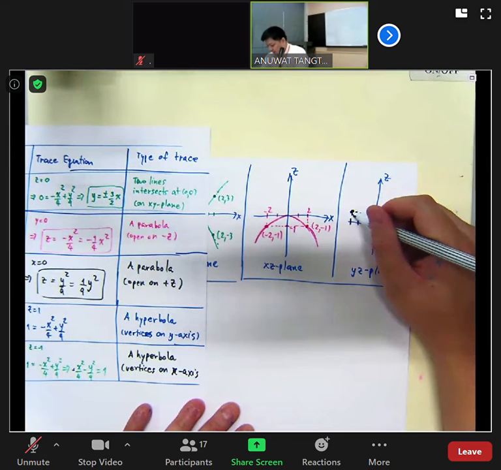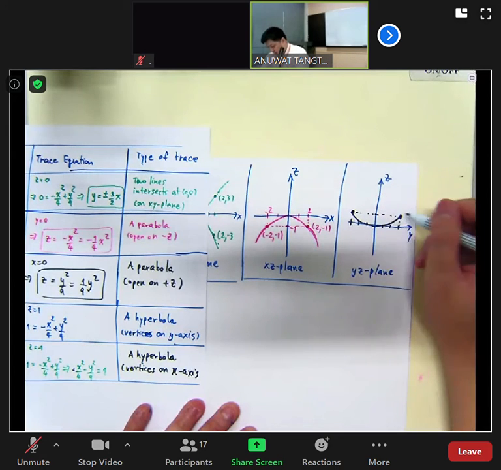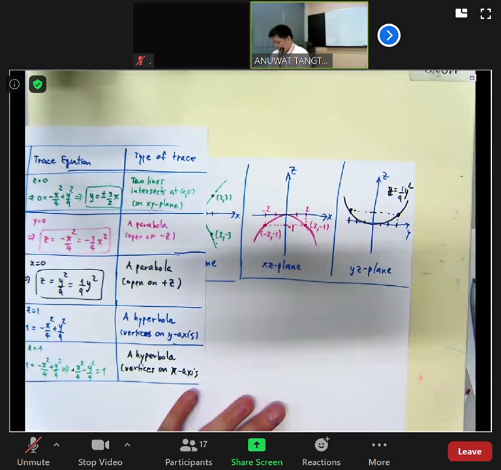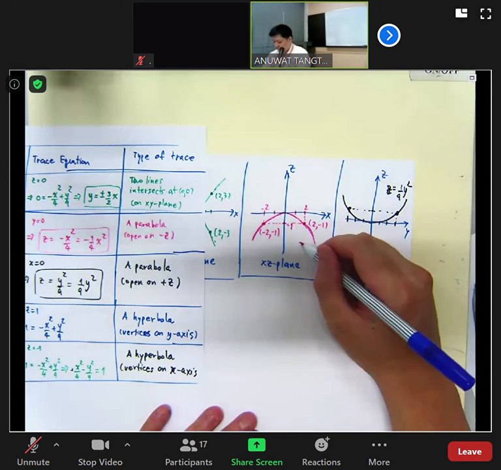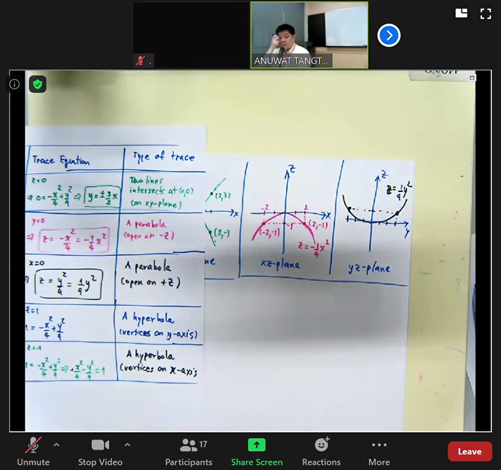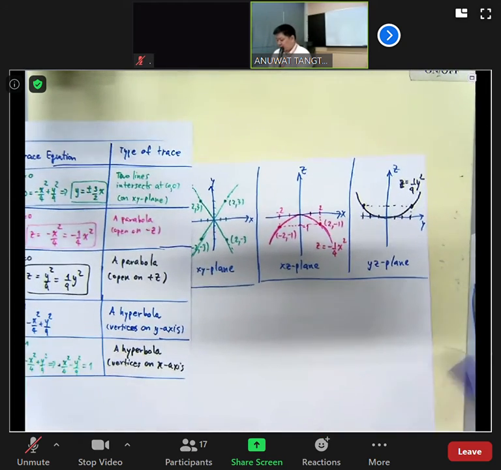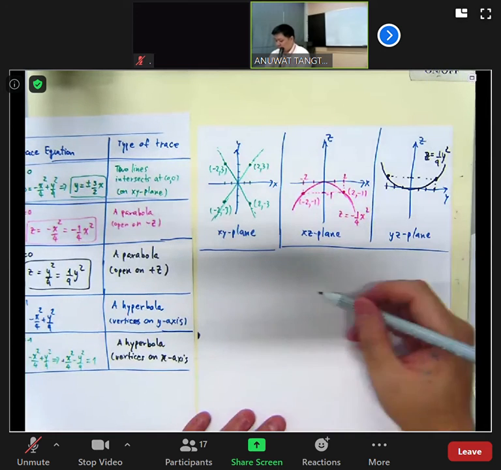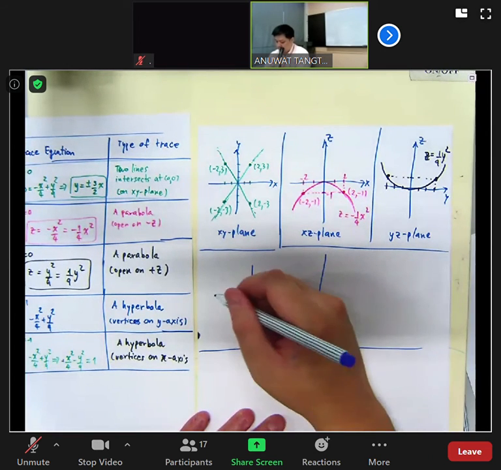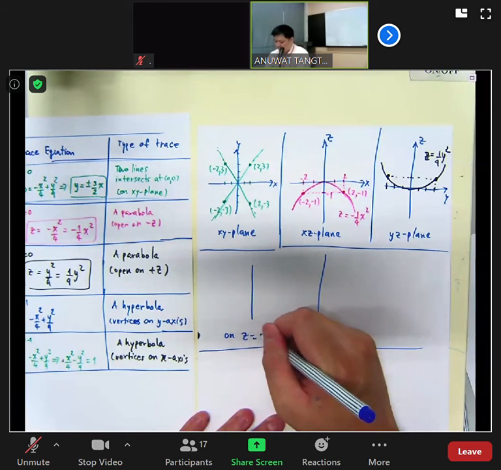And that would be the parabola open on positive z. Okay, and then next we are going to do another 2, say on z equal to 1.